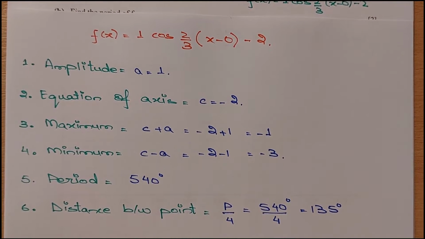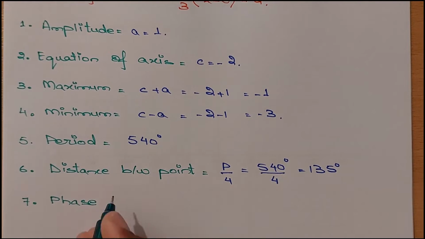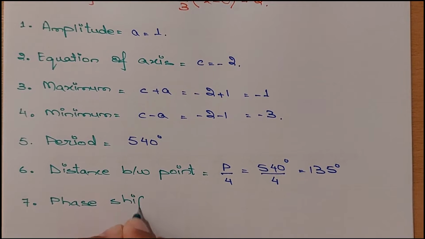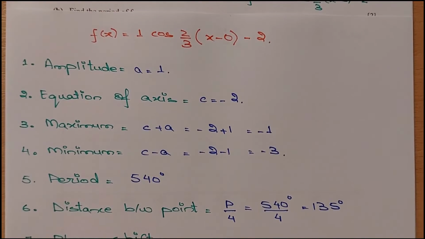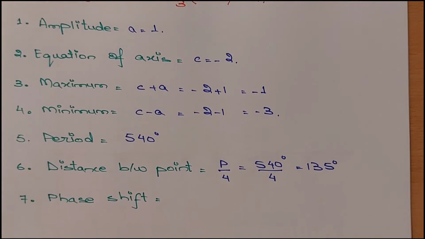Number 7, we need the phase shift. Phase shift is the d value. As you can see, the d value in our curve is just 0. So the phase shift is 0.